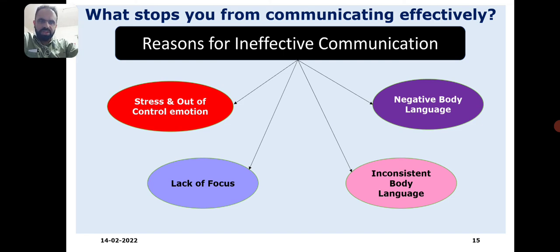So we are stressed, and that anger, that sadness, will be reflected in your communication. Without reason you get angry and respond harshly to some person who is not at all a reason for your stress. So most of us need to practice this: our emotions should not come in the way of communication which is not related to them.